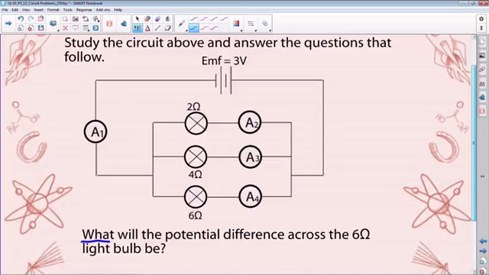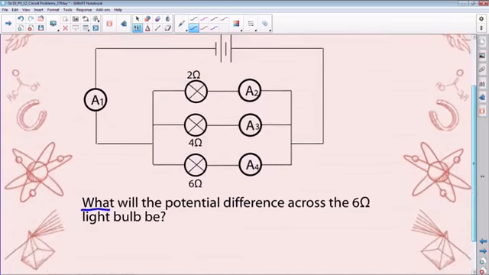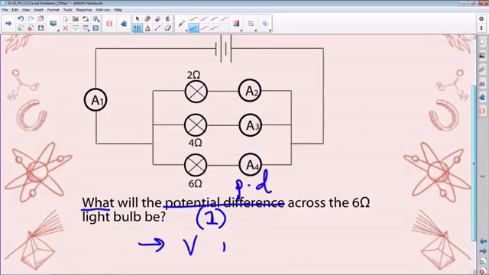Right, so what does the question say? I want to put an emphasis on the word what, in the sense that usually these questions are 1 mark. It tests your understanding in terms of classification, because this is a parallel circuit, and we're talking about potential difference, which is PD. And we know that in a parallel circuit, voltage is constant.